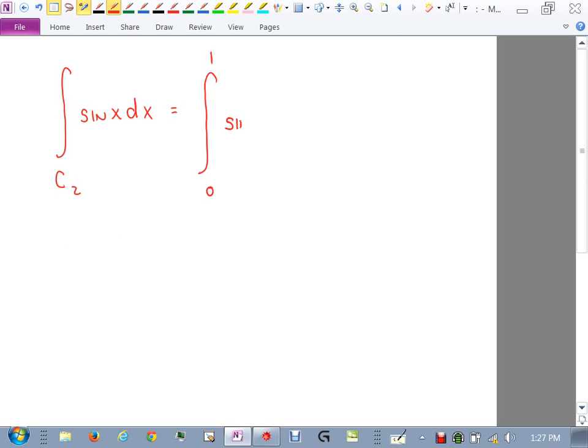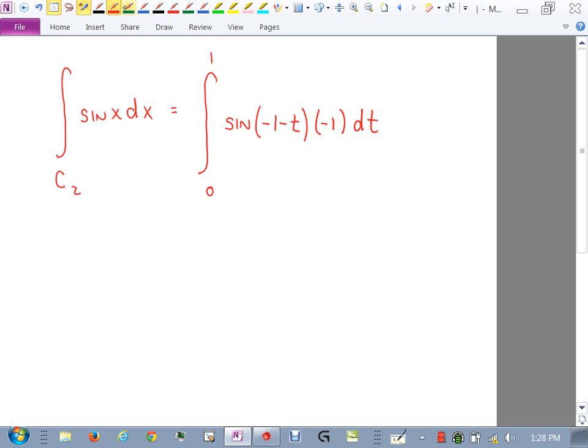I'm doing sine of, okay, sine of what? x. What's x? Negative 1 minus t. And then dx, but dx is actually x prime with respect to t, which was negative 1, and then dt. With me? What's the antiderivative of sine of negative 1 minus t?